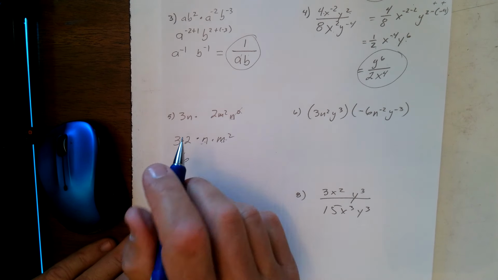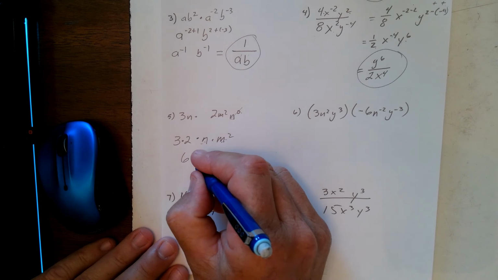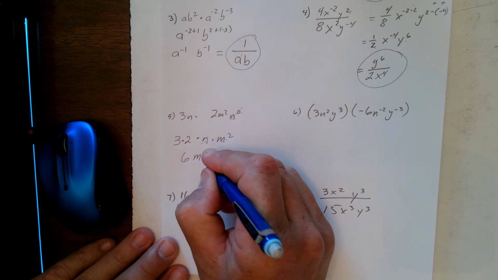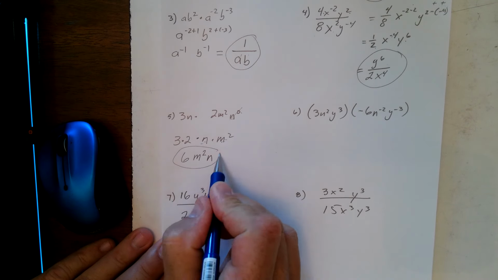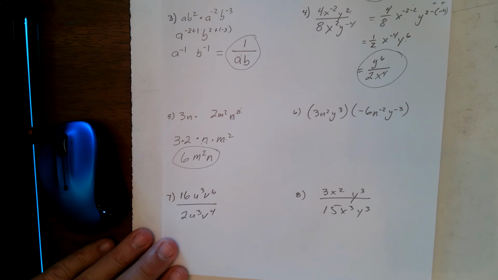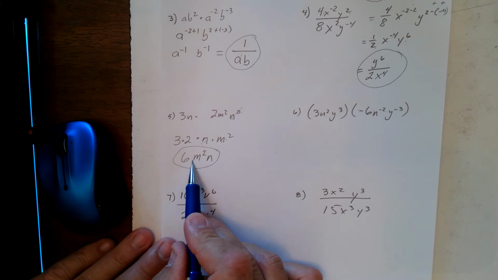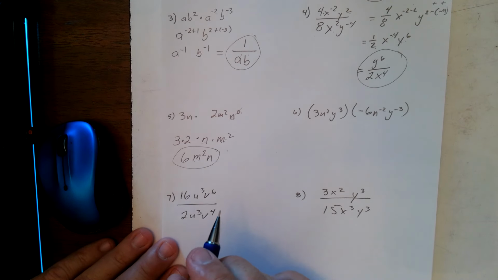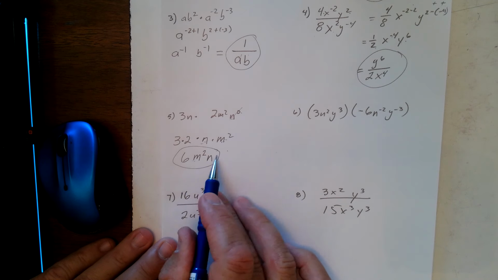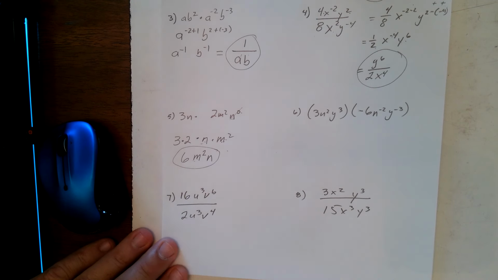So I get 6. I like to write things in alphabetical order: 6m squared n. A lot of kids I had today turned it in as n times m squared. I'm not going to mark that as wrong. It is still correct, but I like to write it in alphabetical order.